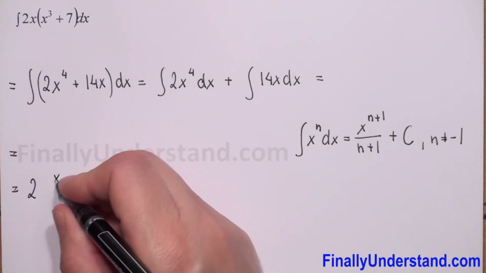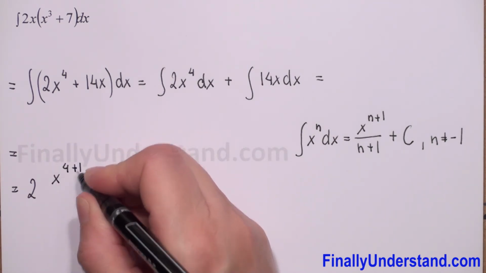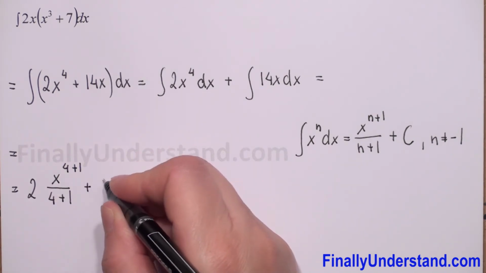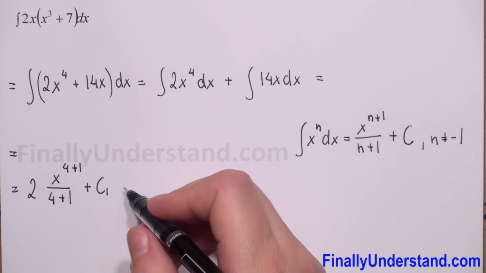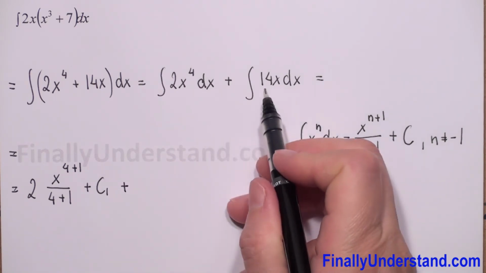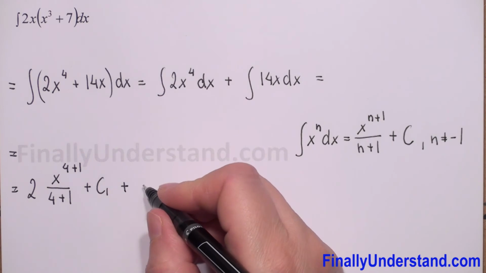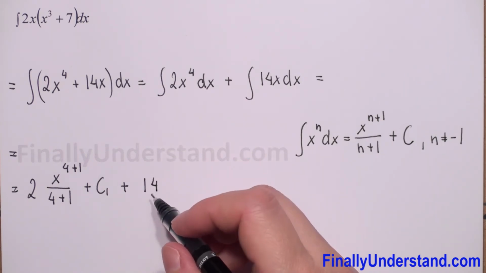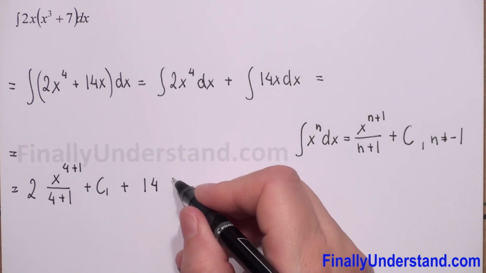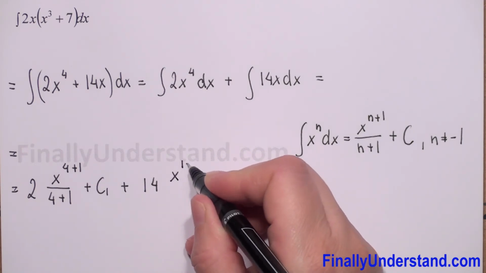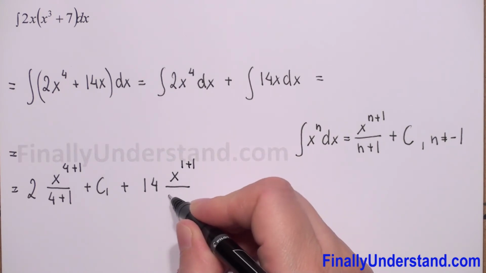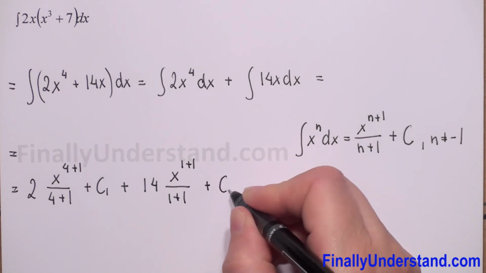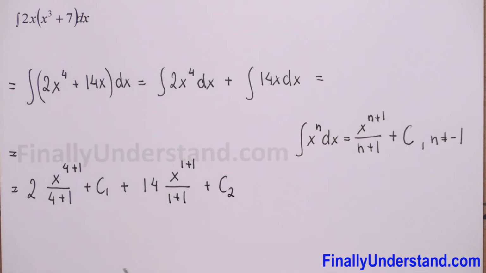So we will have x to power 4 plus 1 over 4 plus 1, plus c1, plus, now we have to take the constant number, so we will have 14 and we have x to first power, so it will be x to power 1 plus 1 over 1 plus 1, and we will add c2 because we have a second integral.